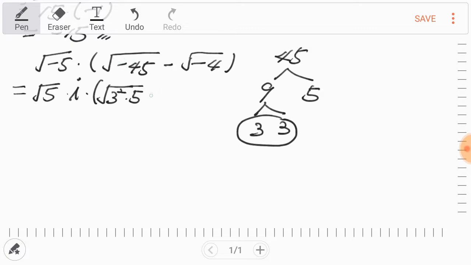Negative with the square root becomes the imaginary unit i, minus square root of 4i.